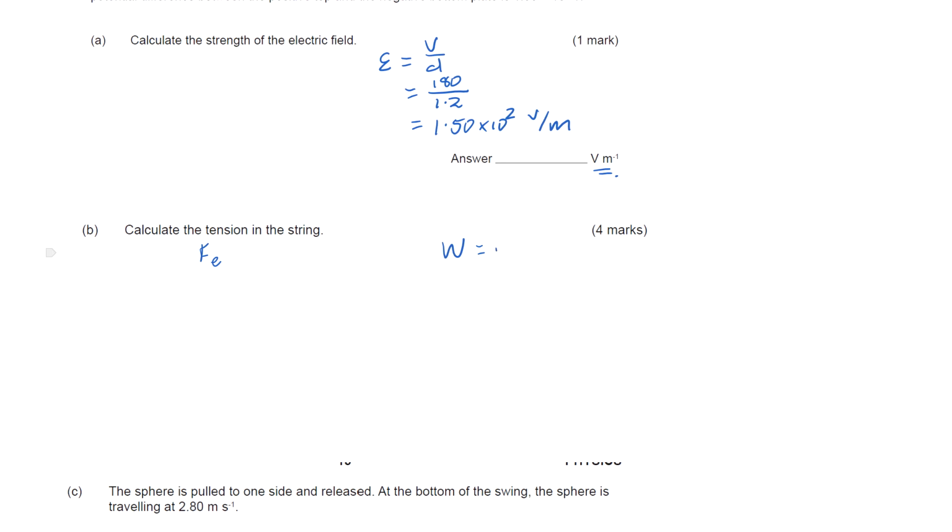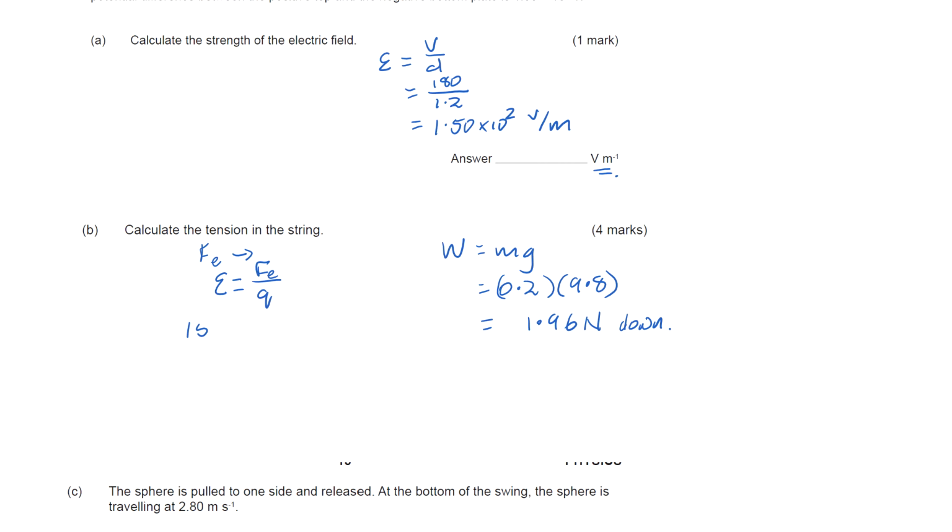So let's start with the easy one, which is the weight force. That'll be mg. So I have a 0.2 kilogram mass and a gravity of 9.8, and that gives me 1.96 newtons, and that's going to be a downward force. Now the electric force, we would need to have a look at our formula in the constant sheet, and what we know is that electric field can also be written as force over Q. So we've just worked out the electric field, so let's use that.